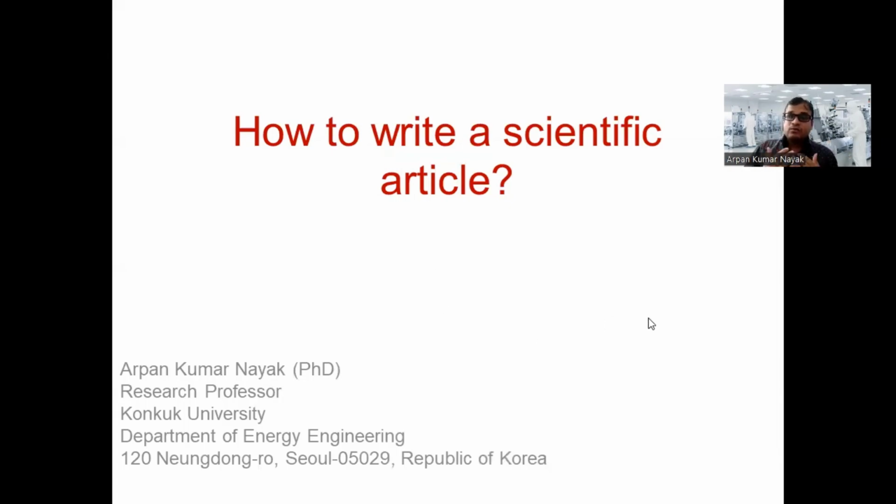So, how can a new researcher or a beginner write a scientific research article? First of all, I want to make clear that this discussion is not limited to any particular or specific branch or discipline.